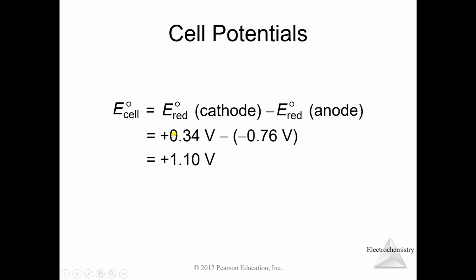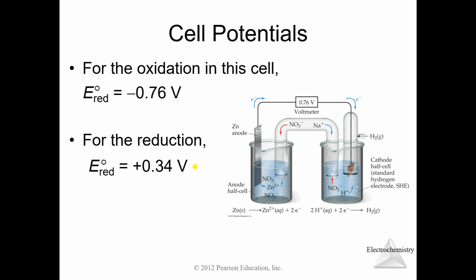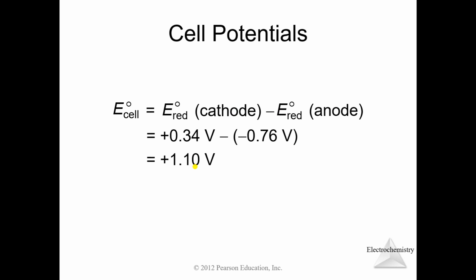It's going to be plus 0.34 volts minus a negative 0.76, giving us a positive 1.10 volts for the cell potential. We have a positive number, so we know we're good to go. So this reaction gives us a positive cell potential of 1.10 volts.